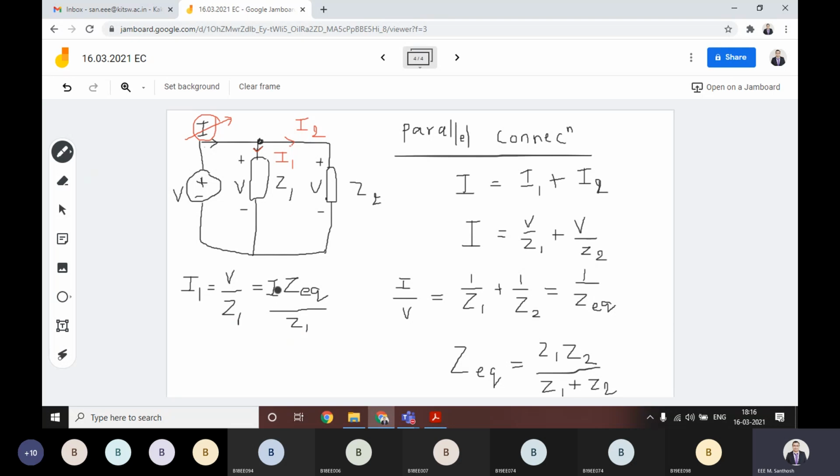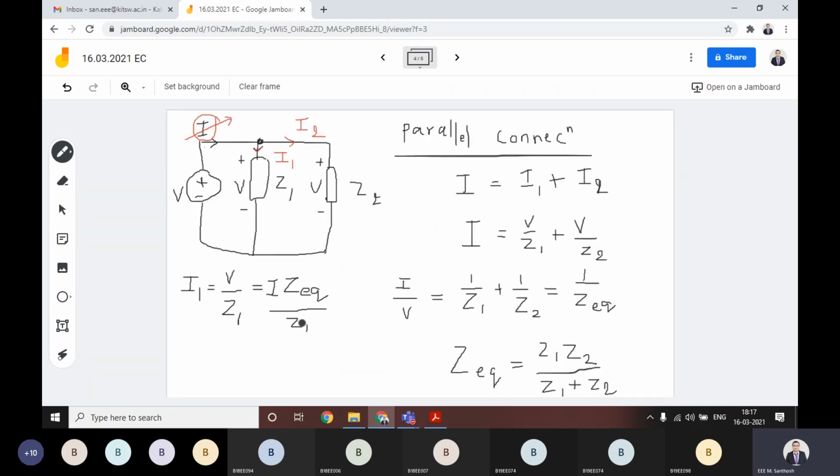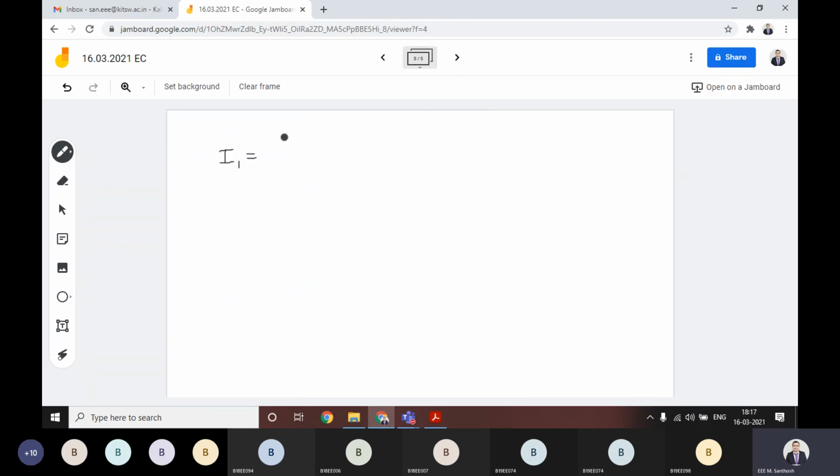Then if you want to calculate the value of I1, then here I1 by Z1, okay? Simply I'll write it on the next page. I1 is equal to simply I by Z1 of Z equivalent.